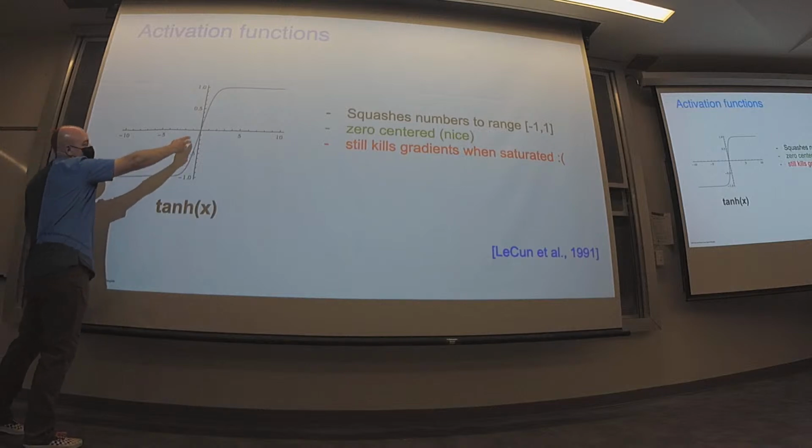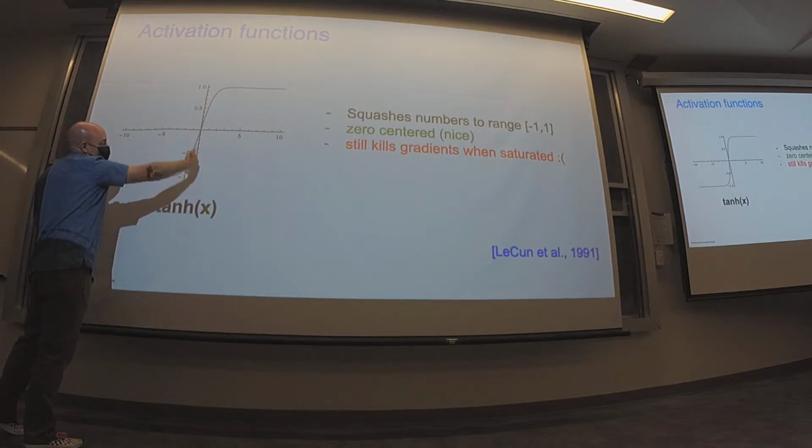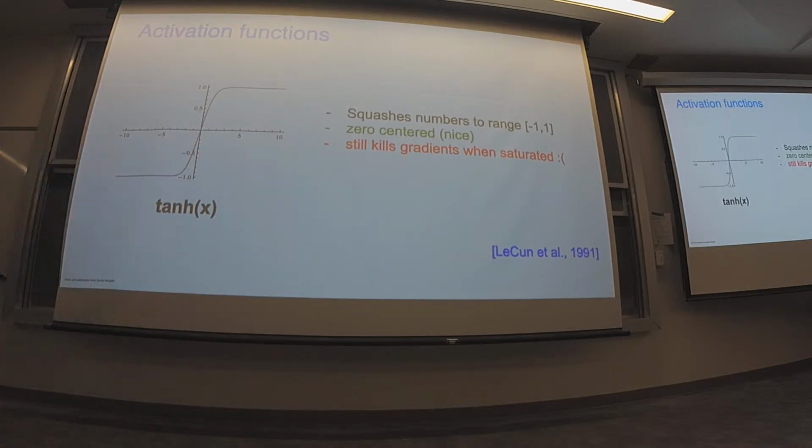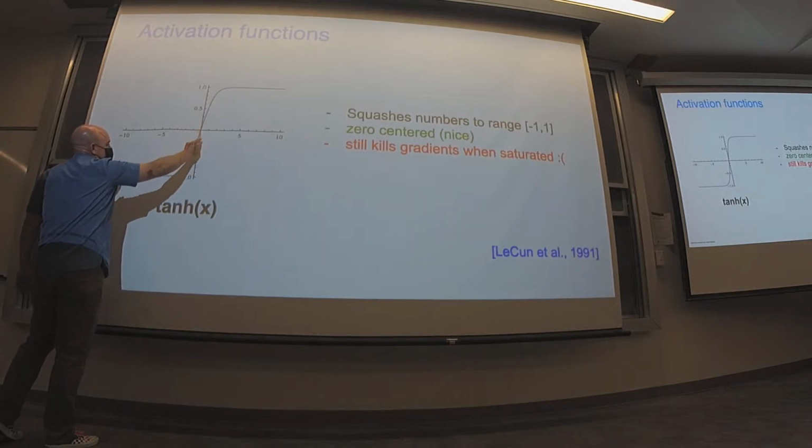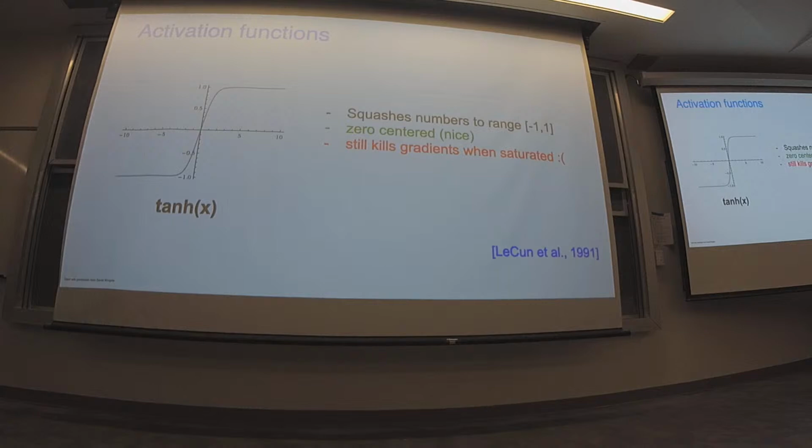So we now have the possibility of having negative outputs. The tanh is zero-centered: it's 0 at 0. That's kind of nice. So we solved this possible problem around the outputs not having everything in the same sign. But it still saturates, for large x and for very negative x.